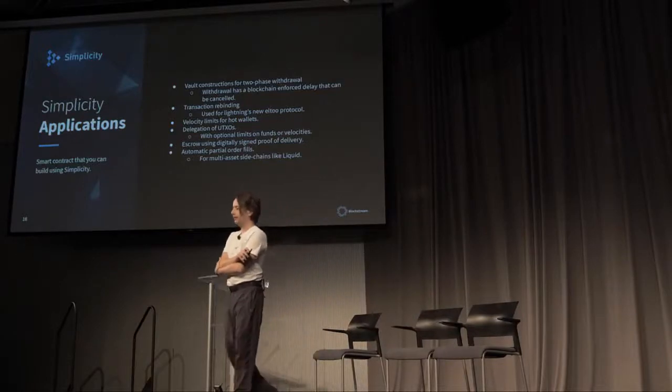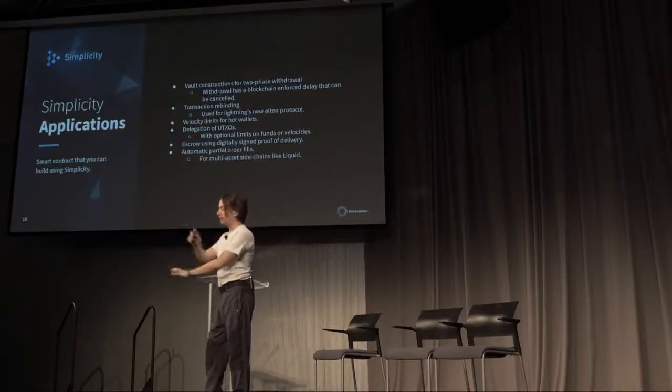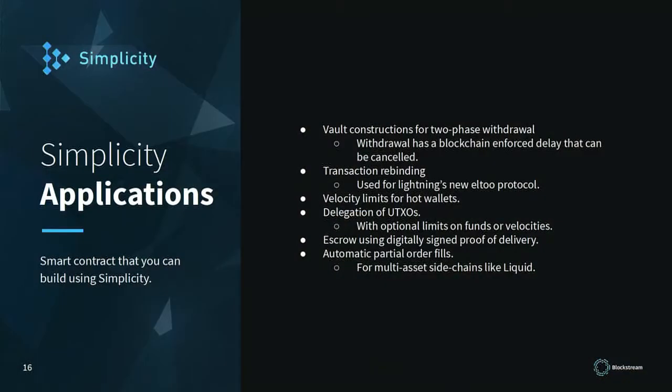Simplicity has a lot of applications. So the way it's going to be deployed is that right now I have just built a branch off the Elements project. Elements is a sidechain developed by Blockstream based on Bitcoin Core code.